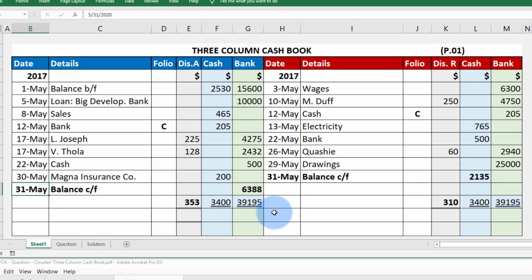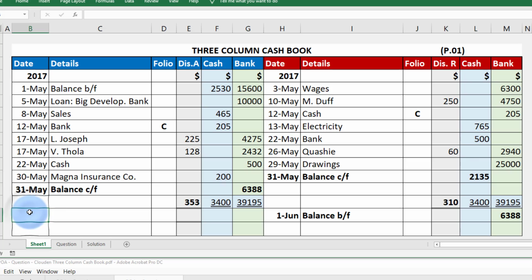The next day, which would be the first of the next month, which is June. 1st of June, balance brought forward is equal to 6,388 for the bank. Of course, it's on the credit side, implying it is no longer a normal balance but an overdrawn balance, meaning you spent more money than you actually had in your account.